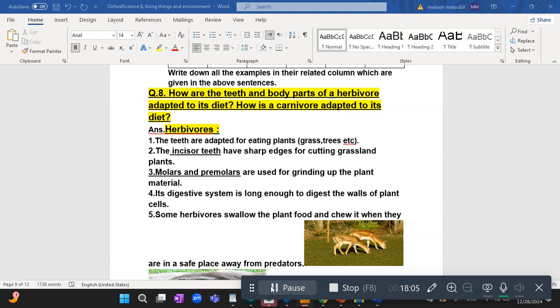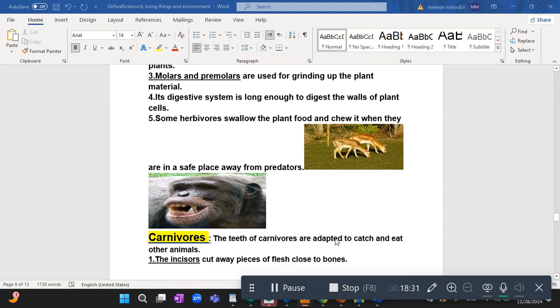Molars and premolars are used for grinding up the plant material. Number 4. Its digestive system is long enough to digest the walls of plant cells. Number 5. Some herbivores swallow the plant food and chew it when they are in a safe place away from predators. You can see here in the picture there are two deer who are eating grass.